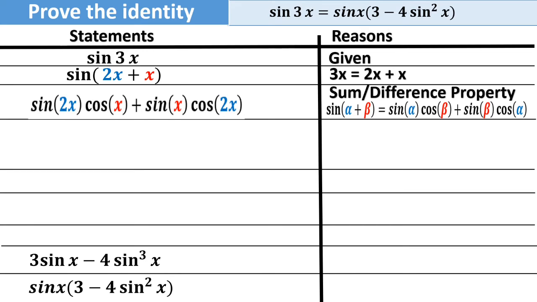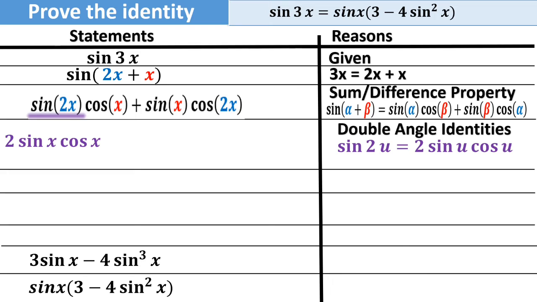Now I see some double angle identities. There is only one double angle identity for sine. I will replace sine of 2x with 2 sine x cosine x.